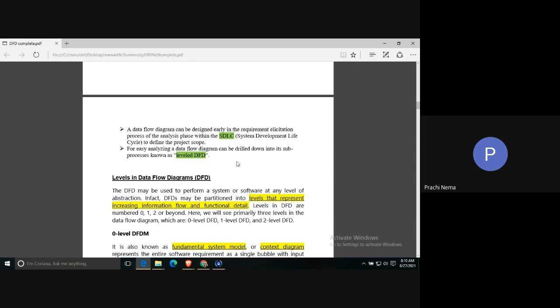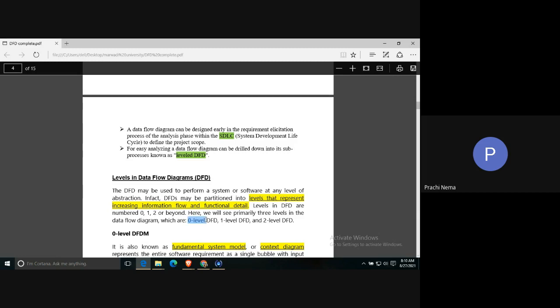The system can be too complex also. Like if you try to make a DFD for an operating system, you cannot include all the detail at once. That would be very difficult and complicated. So that is why we start making with the least detail. And that least detailed level is the first level, which is called zero level DFD.